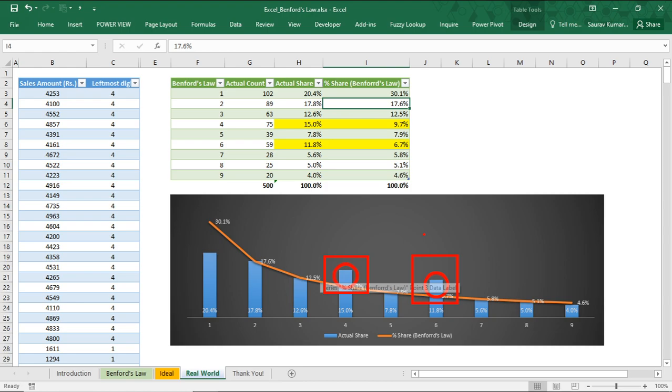In these two cases, the percentage as per Benford's law should have been 9.7 and 6.7 respectively, but the actual share is 15% and 11.8%, which means there is a problem with this data.